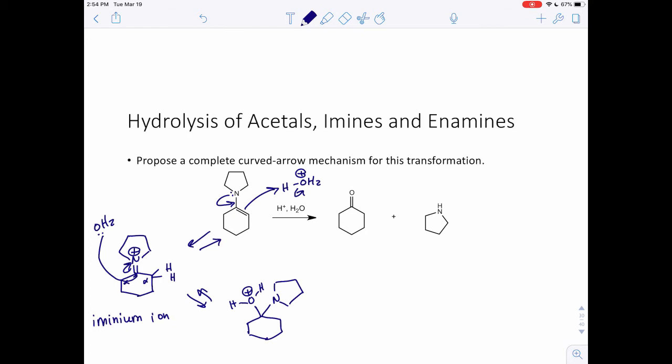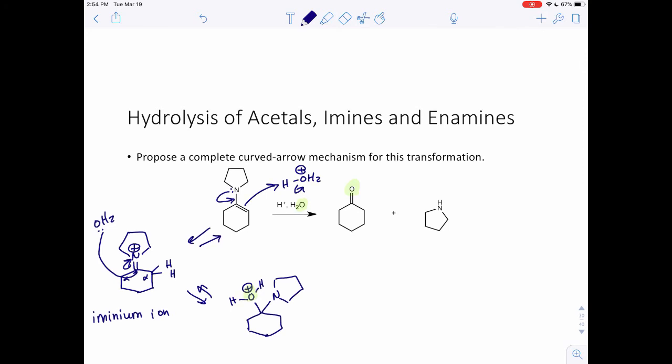Now, from here, keeping in mind that this oxygen from water is the oxygen in the ketone, we're going to go ahead and start to deprotonate it. So we're going to use water to do that. This should look really similar to the imine hydrolysis. From here, it's pretty much the same.